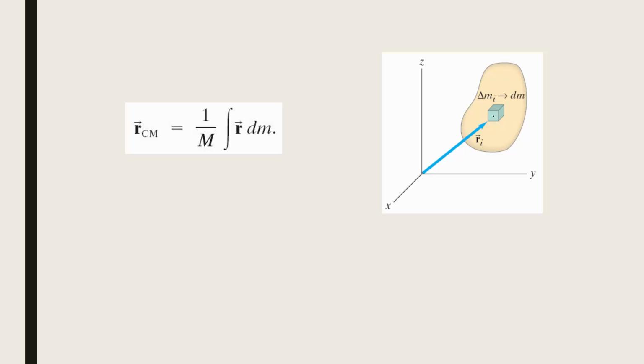And so if we take infinitesimal chunks, we're going to end up doing an integral. So this here is kind of like our m times x part here, and then we're just adding these all up, right? The summation of all of those m's at different locations. And then we again divide by the total mass here, but that's going to be constant, so we can pull that outside of the integral.